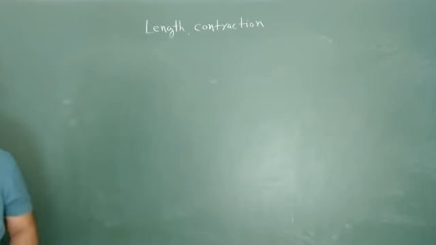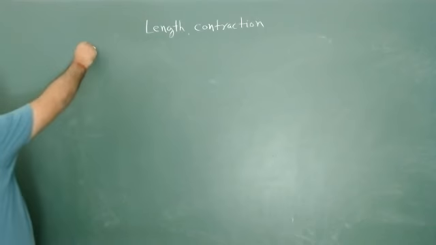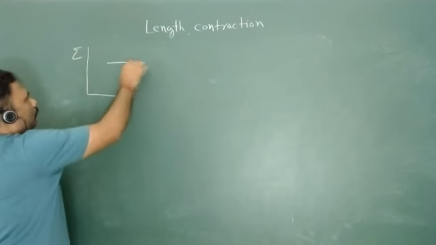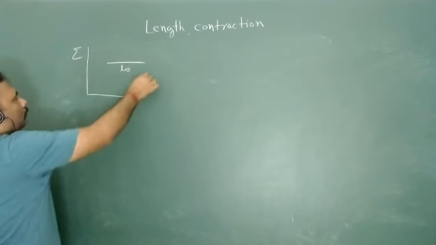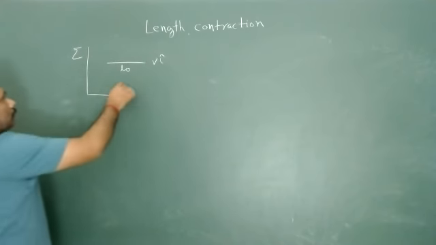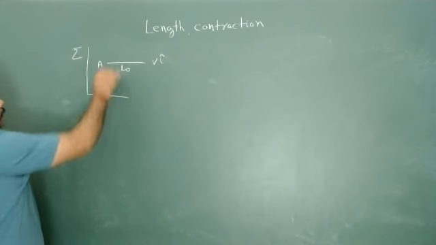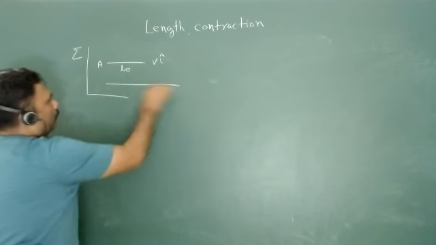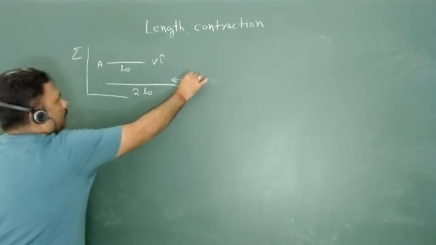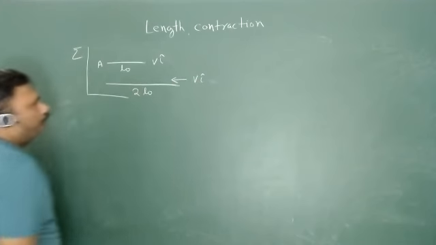Okay, so there is some frame. This frame is sigma. There is a rod of proper length L naught moving with velocity v in the i cap direction. Let's say this is A. There is another rod of proper length 2L naught moving in the opposite direction with v.